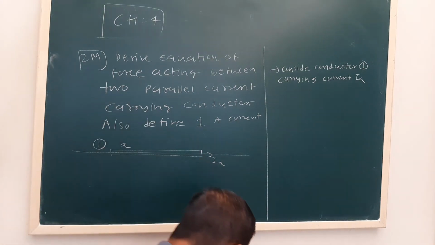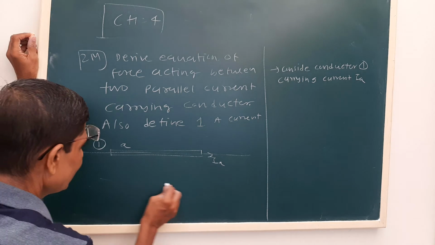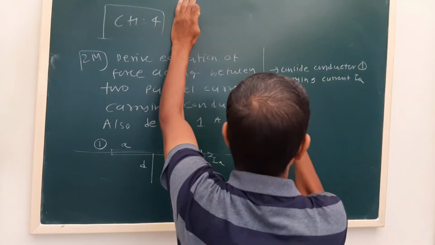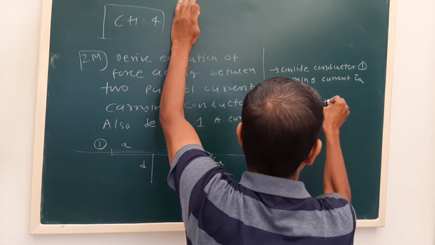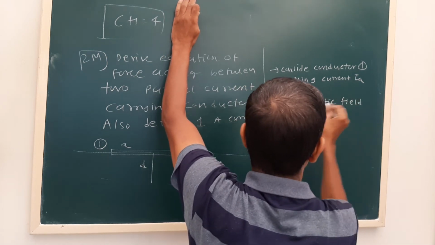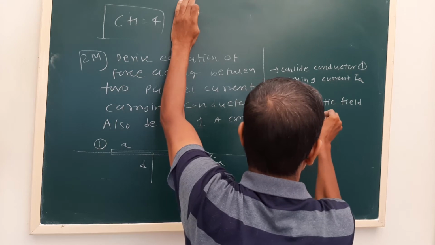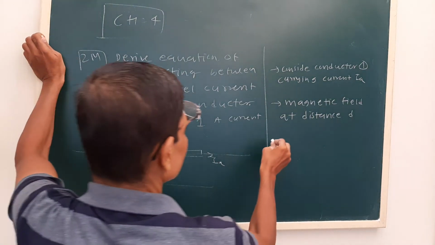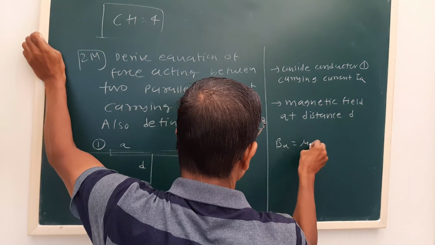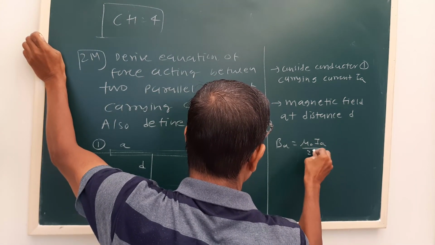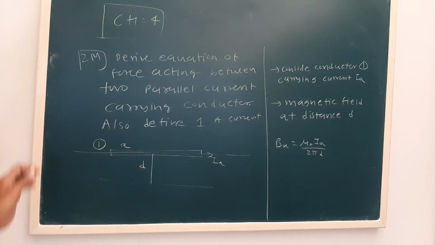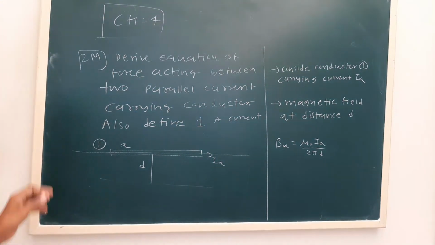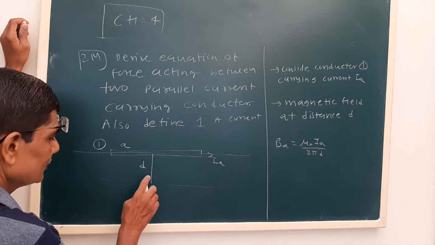Suppose we have to find the magnetic field at a point at a distance D. We can say BA is mu 0 IA upon 2 pi D. This is the equation we derived, B is equal to mu 0 I upon 2 pi R. So the current is IA and the distance is D.